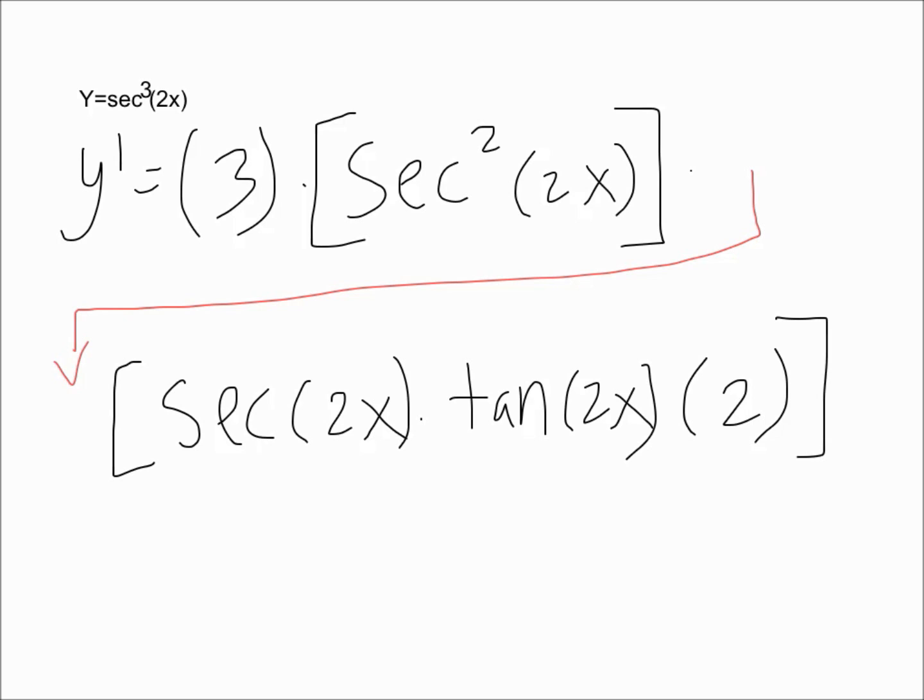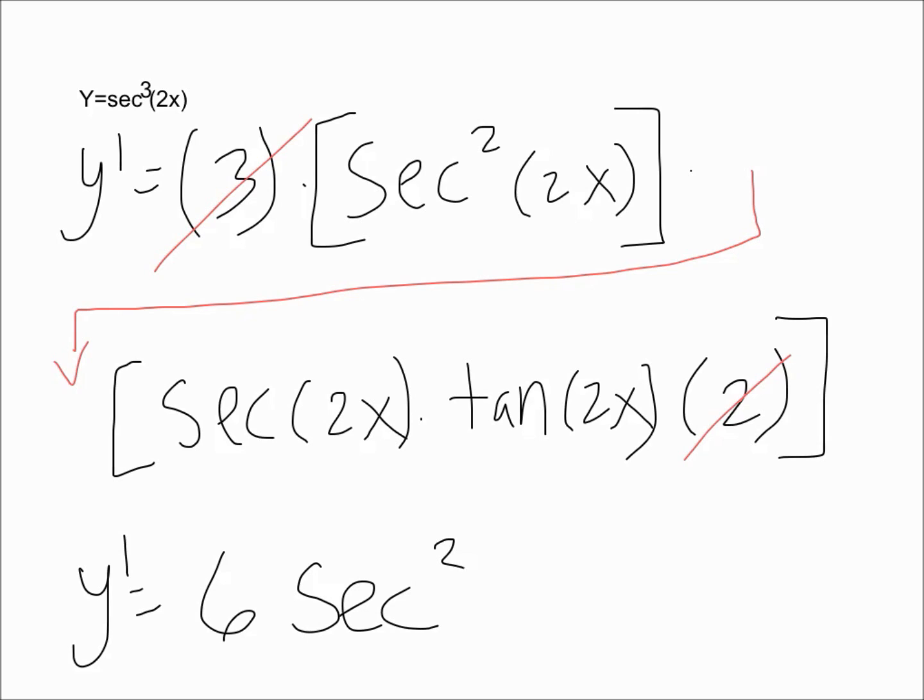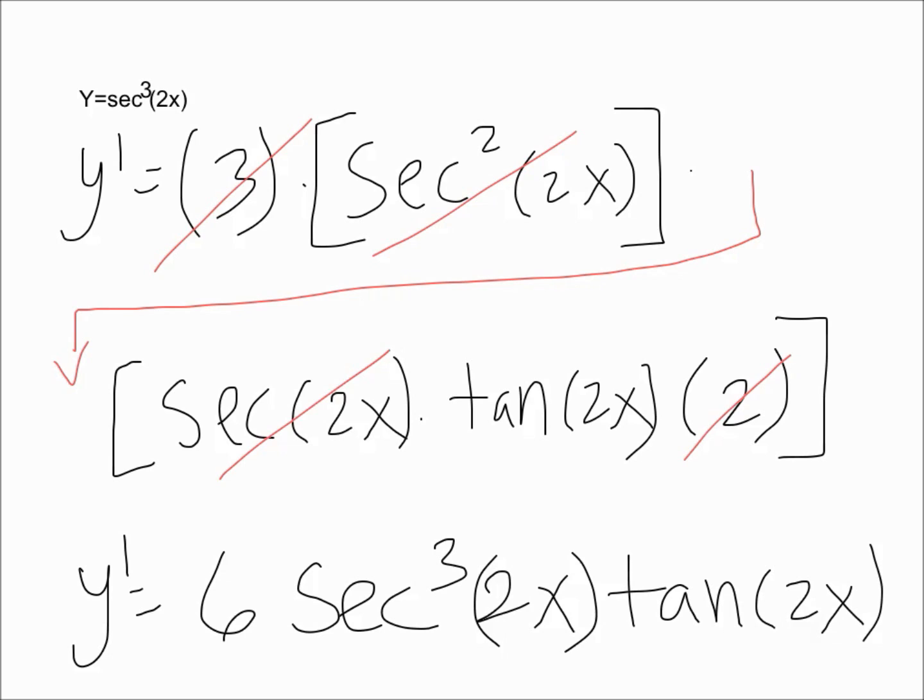So the final result will be y prime is equal to 6, that's this, times the secant cubed of 2x, and that's this times this, and we would have then times the tangent of 2x. That's the result.